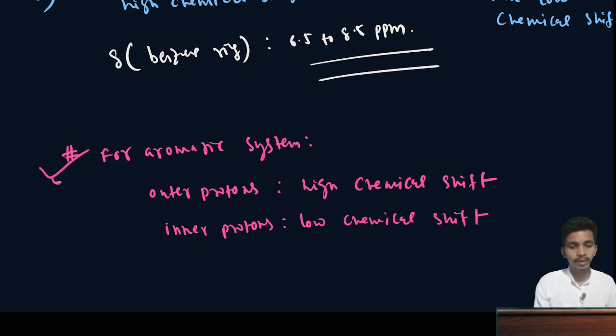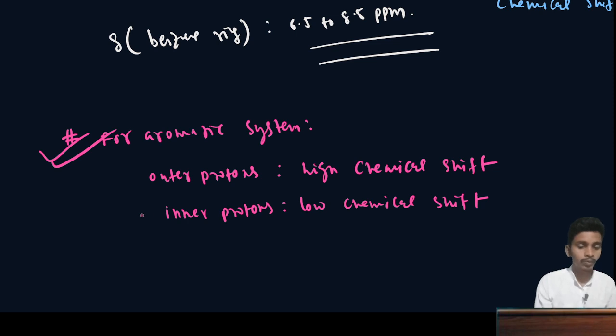Okay, this is for the aromatic systems. Now we will move to anti-aromatic systems and non-aromatic systems. After that we will solve some examples. Okay.